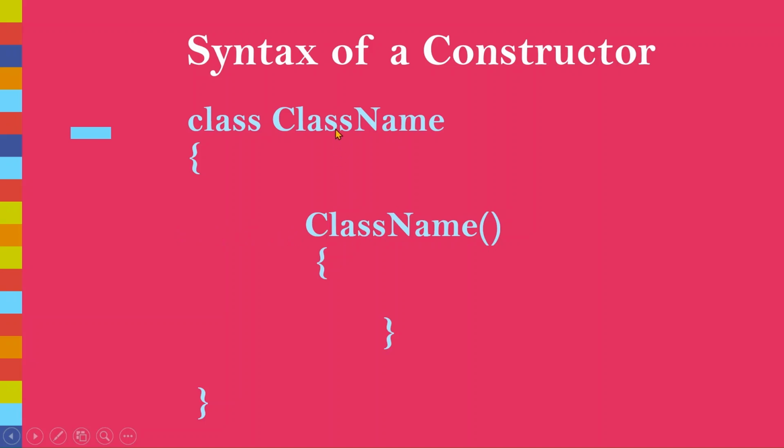So the rule is that the class name and constructor name need to be the same. Now this is called a no argument constructor, where we don't write any parameter list here. If you go for a parameterized constructor, we write the parameter list here. And if you don't write it, it becomes a no argument constructor.